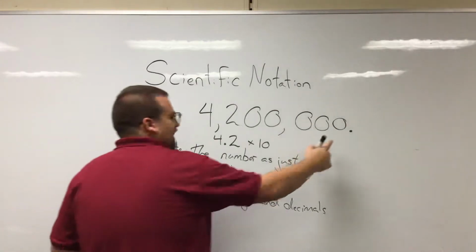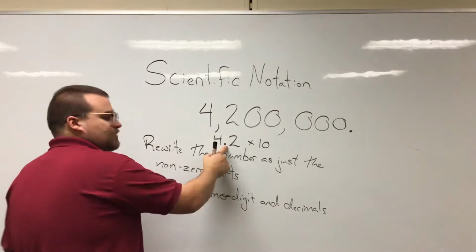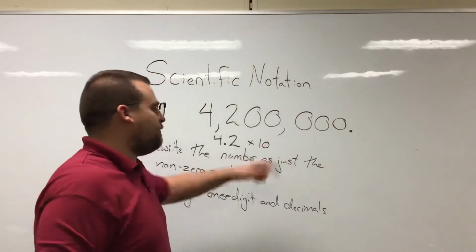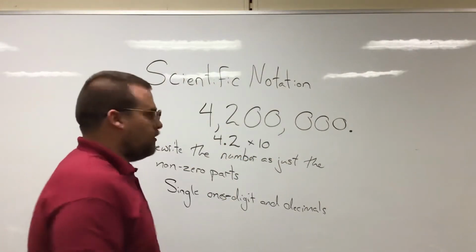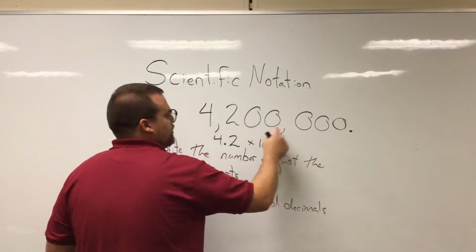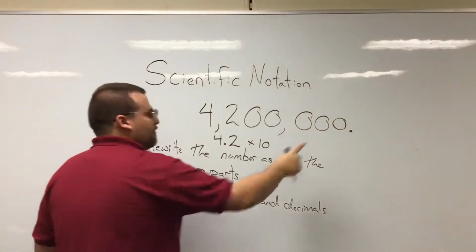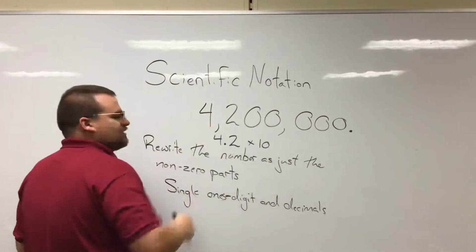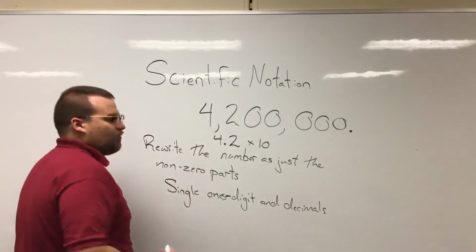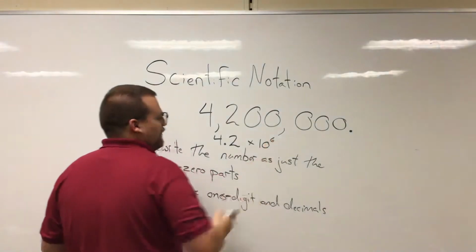We count how many times we would have to move the decimal to get it into this position, and that becomes our exponent. So we count 1, 2, 3, 4, 5, 6. We would have to move that decimal 6 times to get it between this 4 and the 2. So we write 10 to the 6th power.